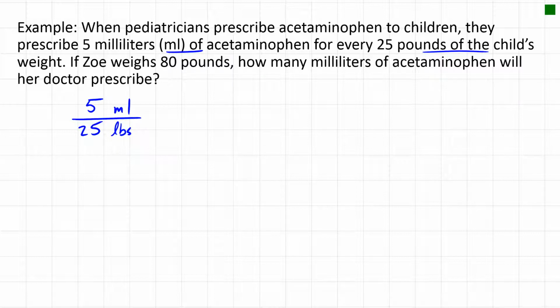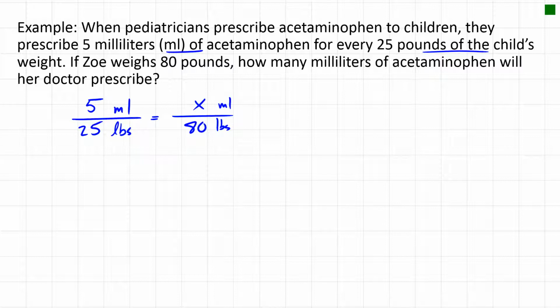Now, if the doctor needs to know how much to prescribe to an 80-pound child, then we're going to say that that's equal to an unknown, what I'll call X, number of milliliters of the drug, acetaminophen, to 80 pounds, the weight. And now I have a rational equation that I can solve.